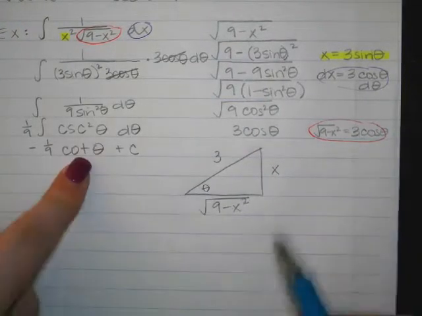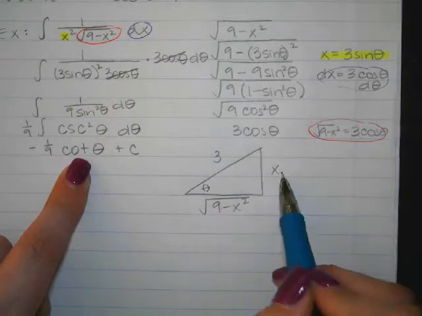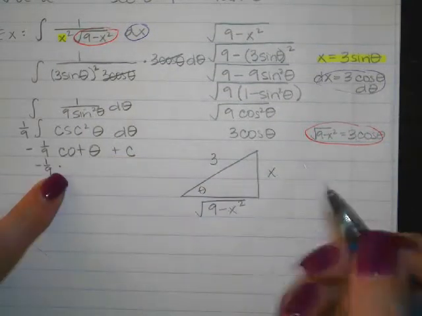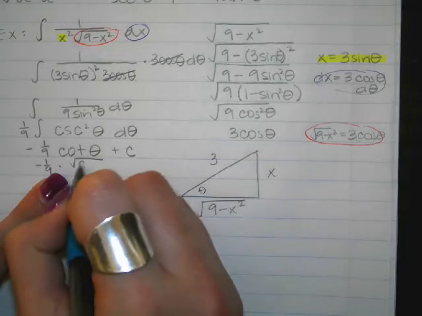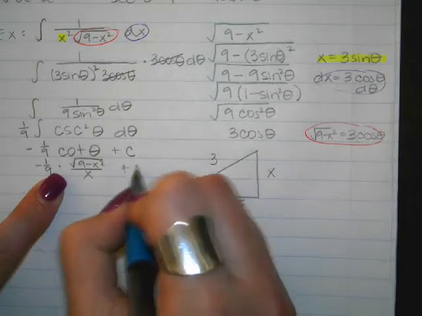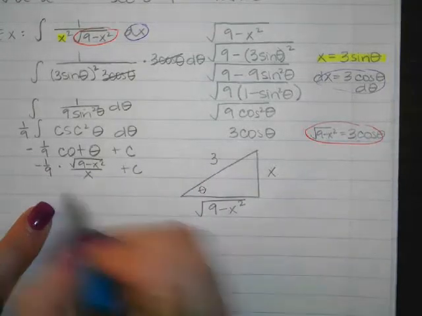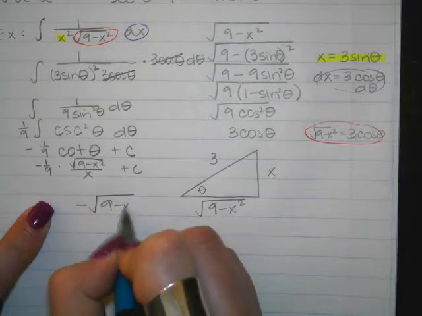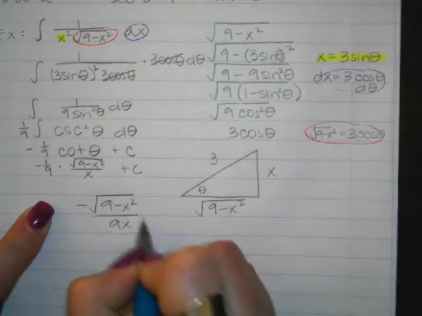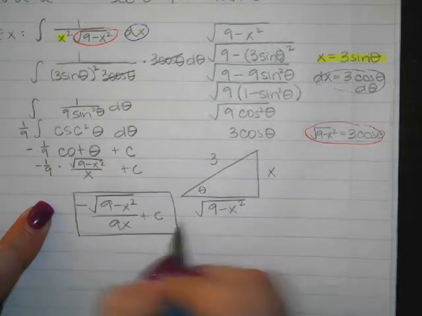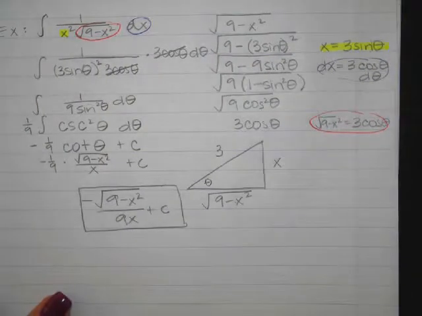And so cotangent is this side over this side. So we're going to keep the negative 1/9, and we're going to multiply that by adjacent over opposite. And then we have our answer. We can just put all of that together, and we have done that integration problem.